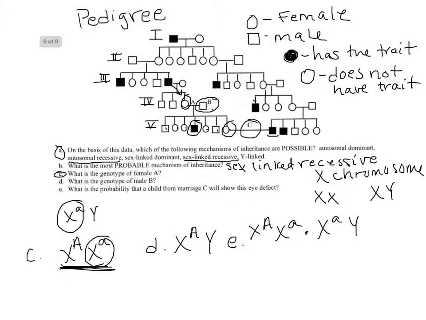So when I do a Punnett square for those two, I see that we have a little bit more potential here for more children to have this trait.